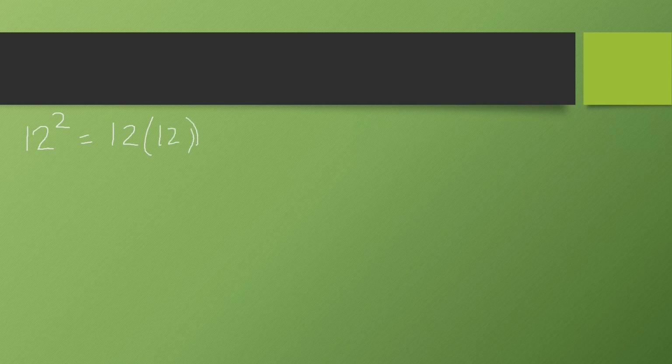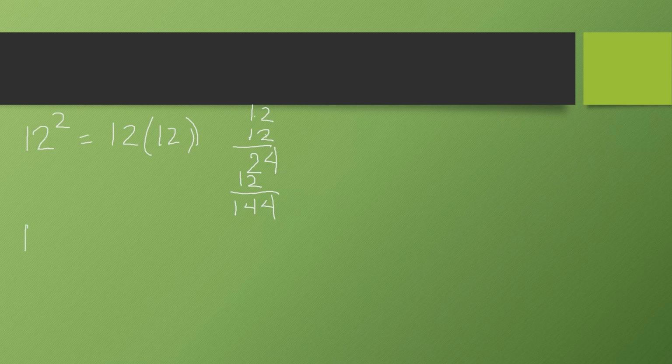Using the manual method, 2 times 2 is 4, 2 times 1 is 2, 1 times 2 is 2, 1 times 1 is 1. The answer is 144. But using the principle of square of binomial, gamitin natin yung shortcut method.